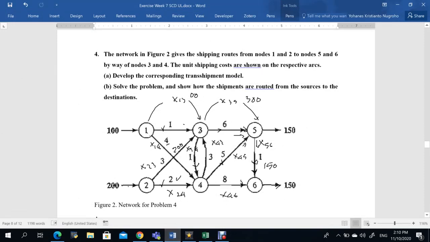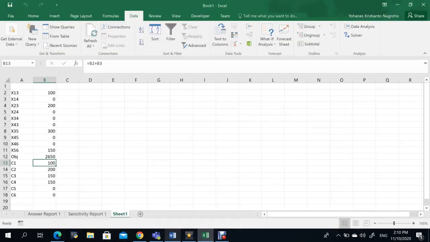Okay, that's all. No other distribution nodes are active, and the objective function is 2650, right?